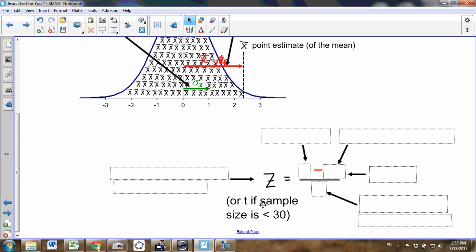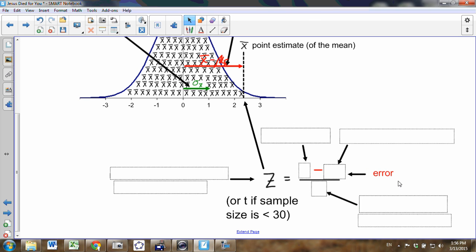Or in certain cases, if the samples are small, you'll learn that you use a student's t distribution instead of the z distribution for small samples. So what we're calculating here again is a z or a t score for a sample mean, and the calculation is basically the same.